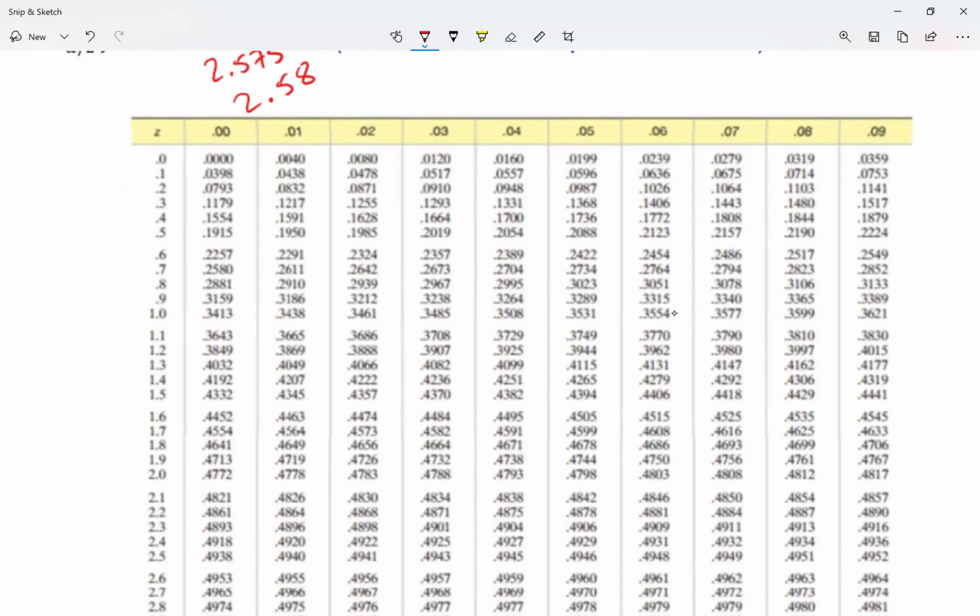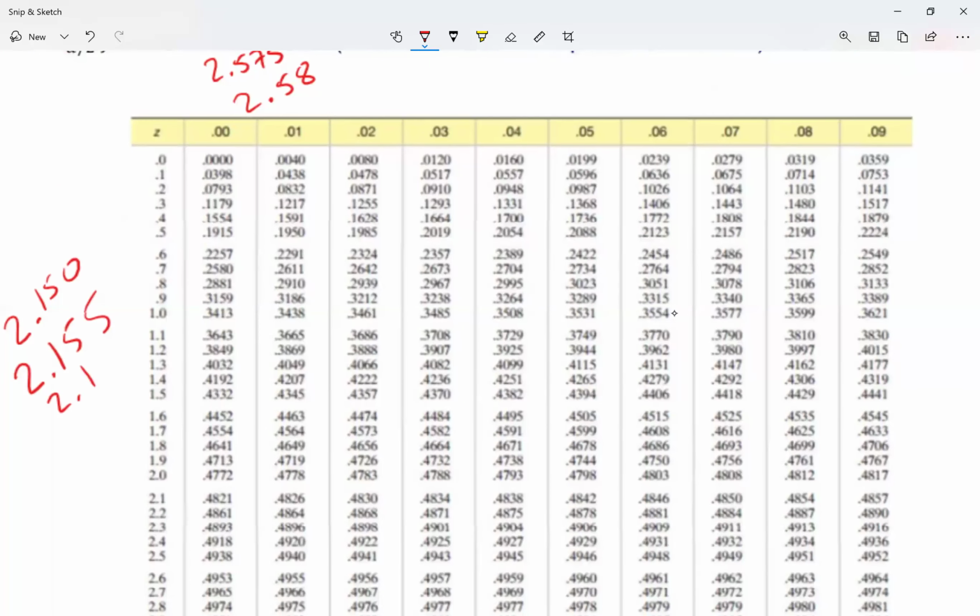Now, 2.155, let me write it up here. That's going to be basically in between 2.150 and 2.160. Follow me? So I really want to know what's the percentage in between 2.15 and 2.16.